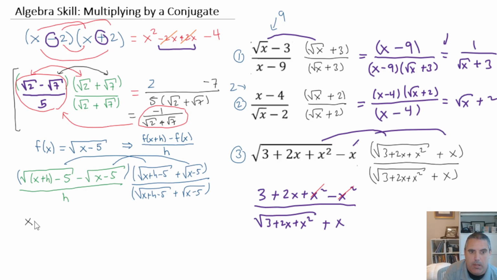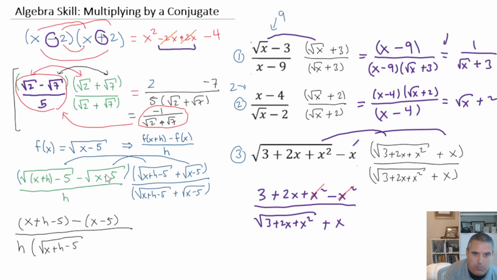So this is going to become x plus h minus 5. That's this times this, minus that one times that one, x minus 5, and that's all that's going to be left on top. On the bottom, you're going to have h times this thing. So typically, a bit of advice I always have for students is don't expand out the other part.